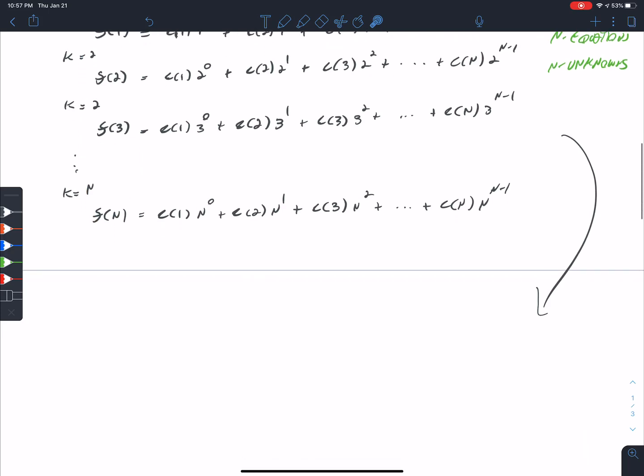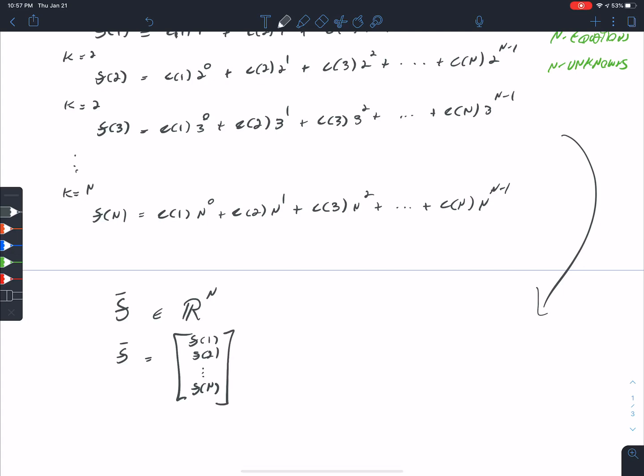I'm going to call this vector f. And of course this vector is going to belong to the set of real values in n dimensions, right? So f will be our vector of f1, f2, all the way through fn.